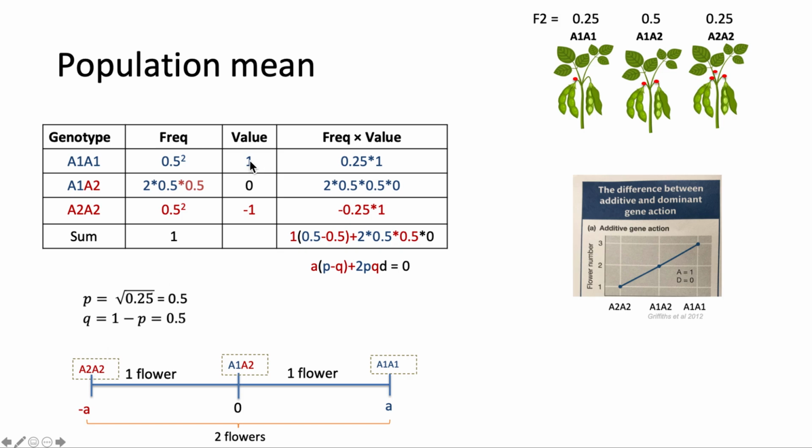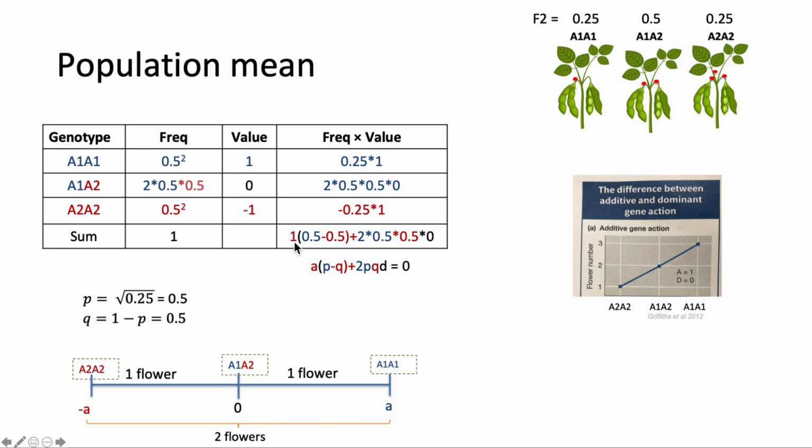Just as we used the frequency to estimate the population mean previously, we multiply the frequencies in the population times the value of the genotype, and that is the contribution of each genotype to the population mean. Then we add the contributions of all three genotypes, and this is the population mean.